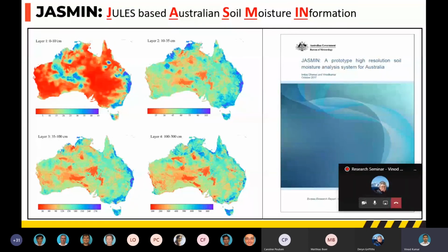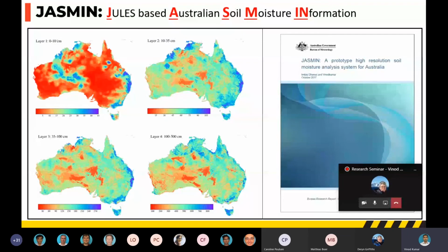Like I mentioned before, one of the main aims of our project is to estimate soil moisture at a high resolution over the whole of Australia. And Imtiaz designed an offline land surface modeling system which can analyze soil moisture at 5 kilometer resolution on a daily time step.